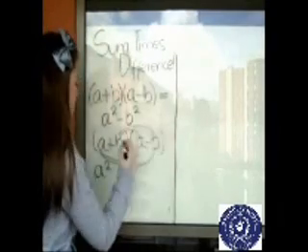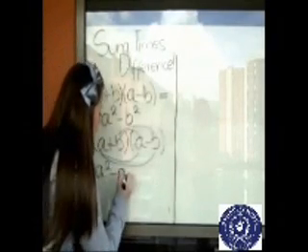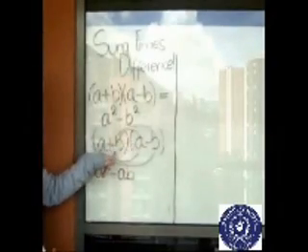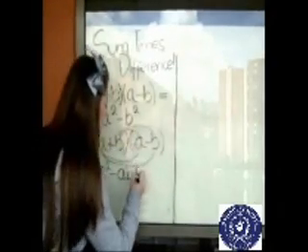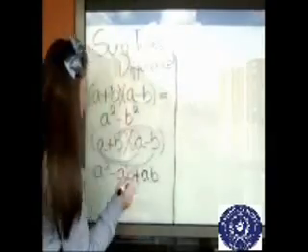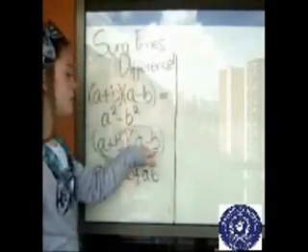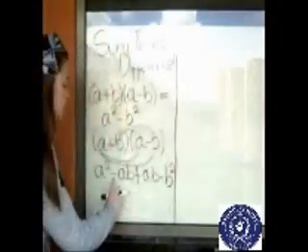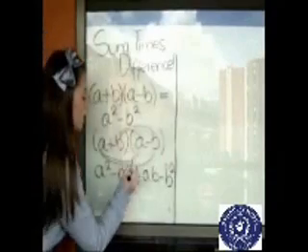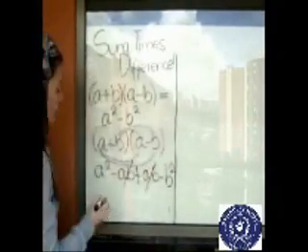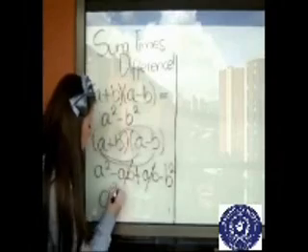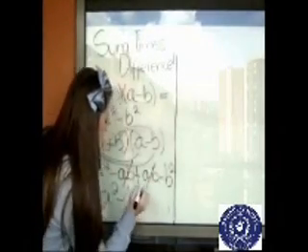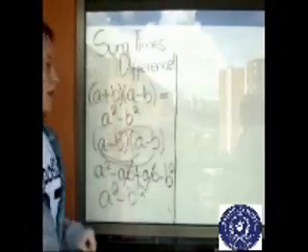A times minus B is going to be minus AB. B times A, and it's positive, is going to be positive AB. And B times negative B is going to be minus B to the power of 2. These are opposite sides, so this is going to be cancelled. So it's going to be A to the power of 2 minus B to the power of 2. And it's the same answer.